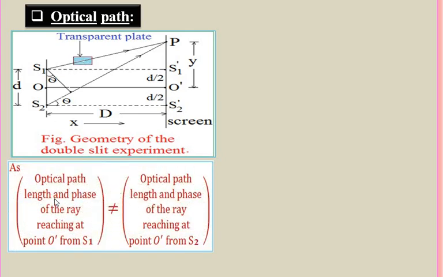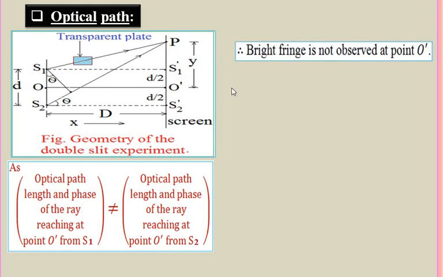As the optical path length and phase of a ray reaching point O' from the source S1 is not equal to that of a ray reaching point O from the source S2, the bright point is not observed at point O. Means these distances are not the same, so we cannot observe the bright point at O'.